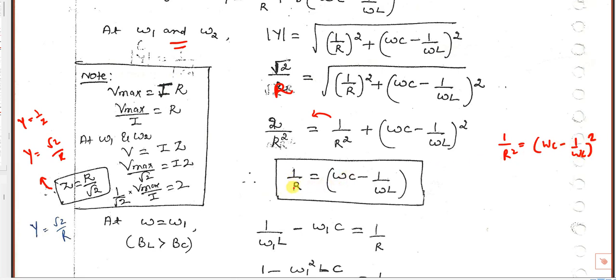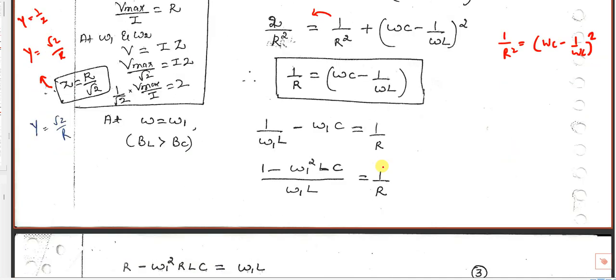After taking the root, we will get 1 by R is equal to omega C minus 1 by omega L. Now there are two frequencies. At omega is equal to omega 1, the susceptance of inductance is greater than the susceptance of capacitance. If you take a root, you get plus or minus here: one time you have to consider this is greater, another time that one is greater.